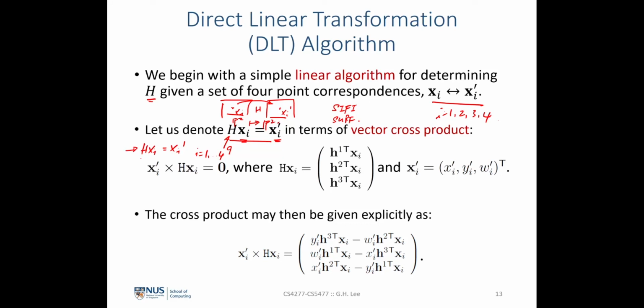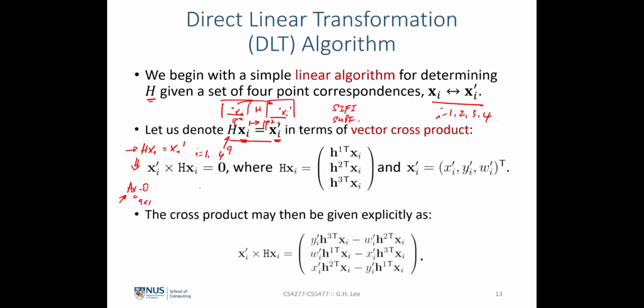Our objective here is to reformulate this into a homogeneous linear equation, Ax equals 0, where x consists of all the unknown elements in H, and this would be a 9 by 1 vector, and A would be all the coefficients from the known correspondences that we can observe from the image. We can do this by simply taking the cross product of H xi equals xi prime with xi prime itself.